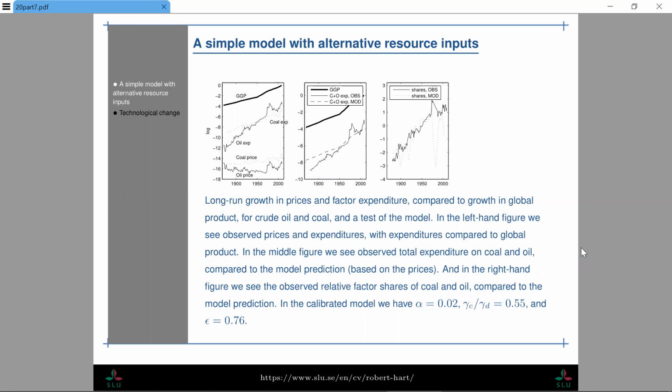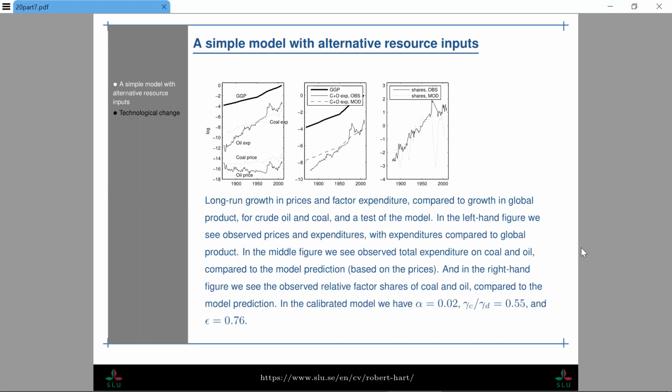In the same left-hand figure, we've got oil expenditure and coal expenditure. So when the oil price falls gradually between 1870 and 1970, oil expenditure compared to coal expenditure goes up.